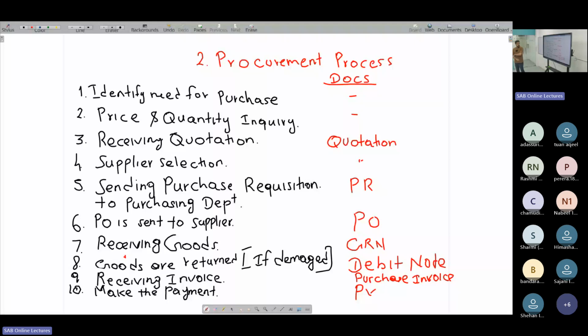Purchase invoice: request for payment or settlement.